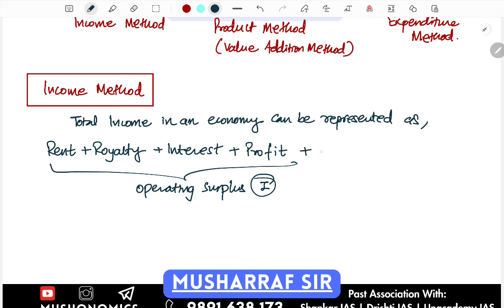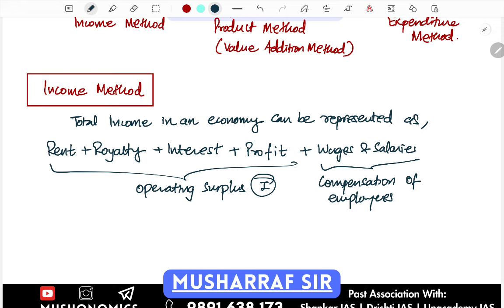Then we have wages and salaries. This is known as compensation of employees.